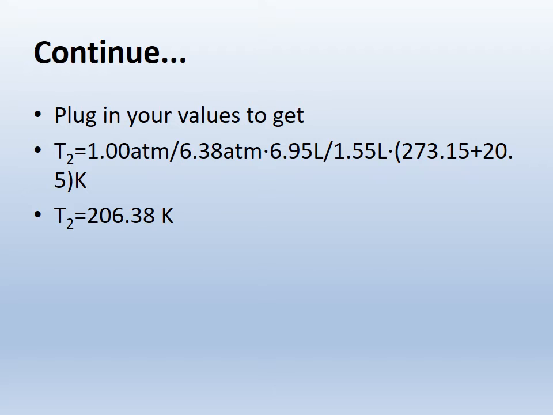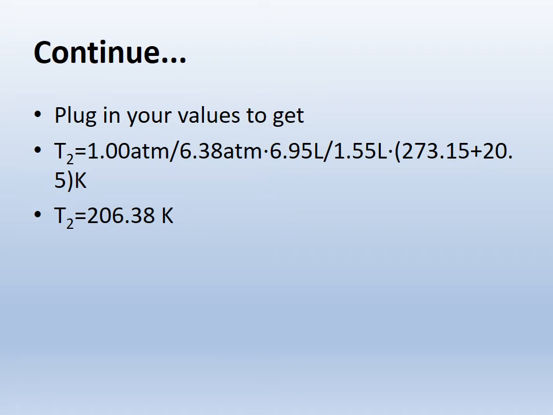What is the value of V1 from the question? 1.55, right? So you put the value, and after that you put the value of T1. You are seeing here that T1 is 20.5 degrees Celsius. So you convert it into degree Kelvin. You add 273.15, so it will be converted into degree Kelvin.